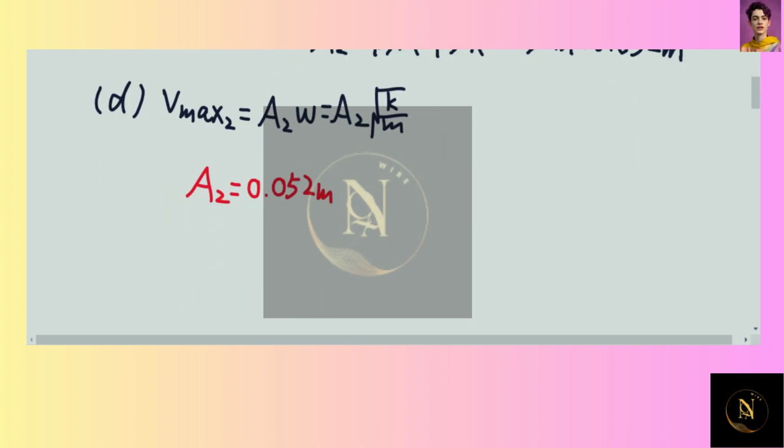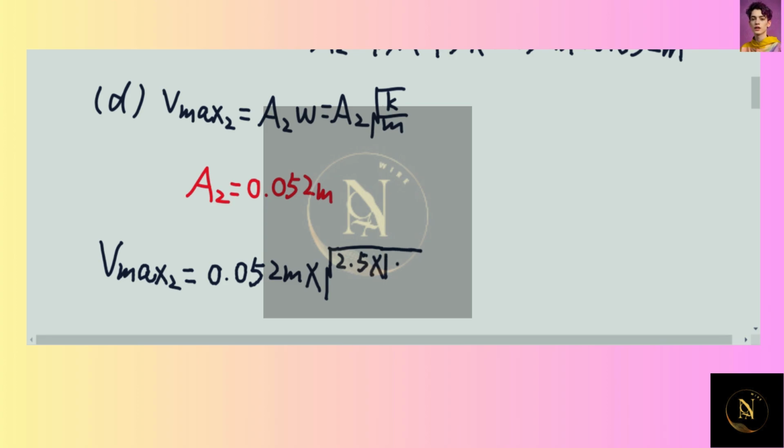So therefore let's determine the new maximum speed. So the new maximum speed, Vmax2 here, should be equal to 0.052 meter times square root 2.5 times 10 to the power 4 Newton per meter over the mass, which is, let me see what's the mass again, 1.4 kilograms.